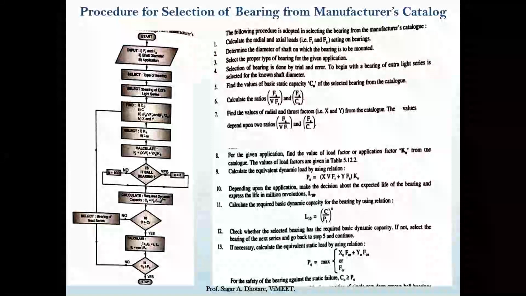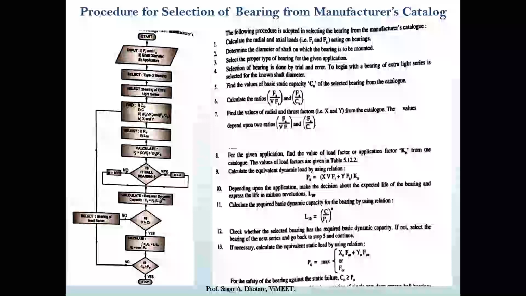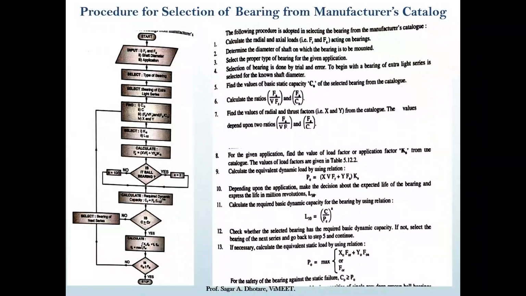Now you have to find the ratios, FA upon FR and FA upon C0. Based on those ratios, you need to perform the next step, which is to find the values of the radial and thrust factors. After that, we have to calculate the value of the service factor, which we discussed just before this slide, and based on that factor you can choose the service life or load life or application factor.